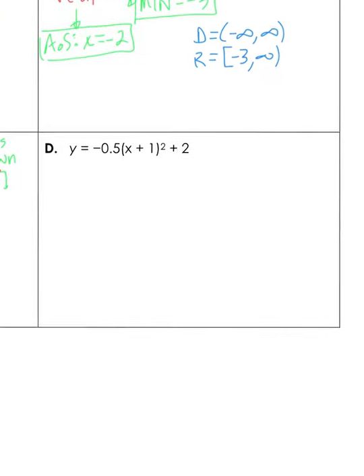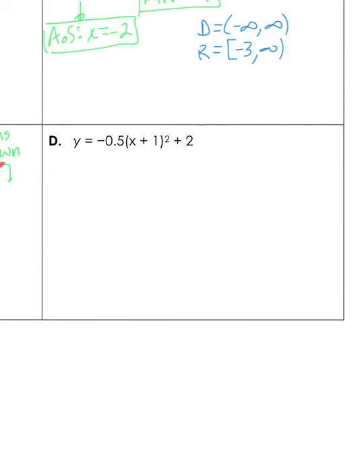And then D. So for D, I have a left 1, up 2. Then because I have a negative, I know it opens down. Again, giving me a maximum value. Then because 0.5 is between 0 and 1, I know I have a shrink.